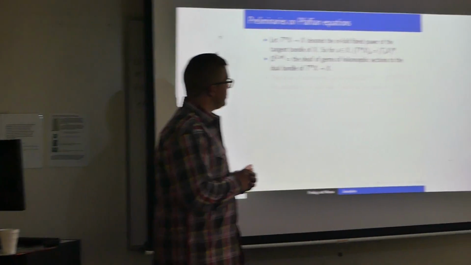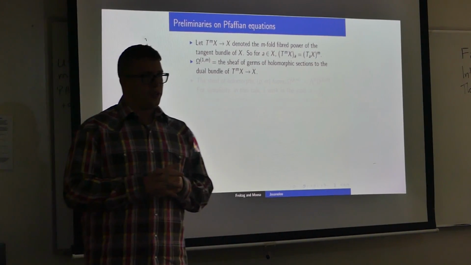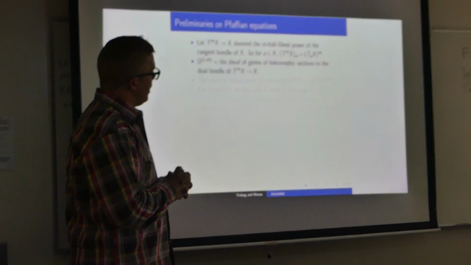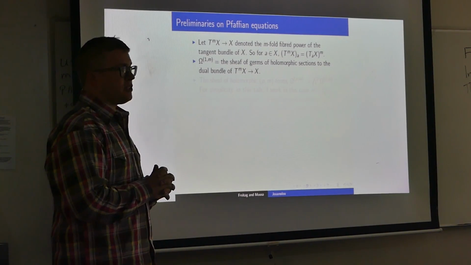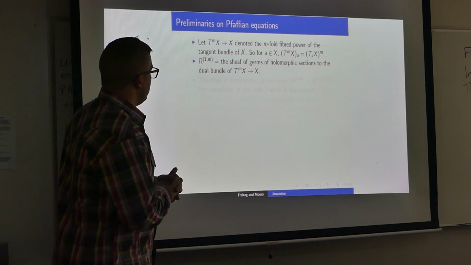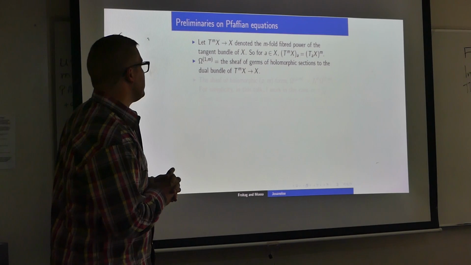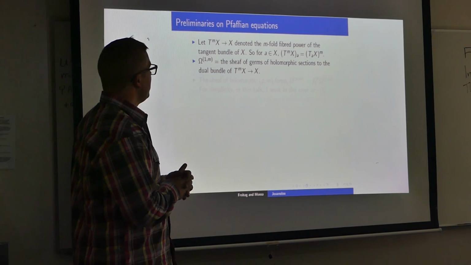Okay? So here, if you want, you can take X to be a projective algebraic variety, or you can take X to be a compact complex manifold. X is smooth. If it's a variety, that's not strictly necessary. The result will be true.